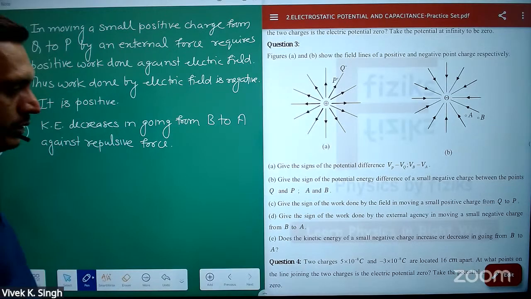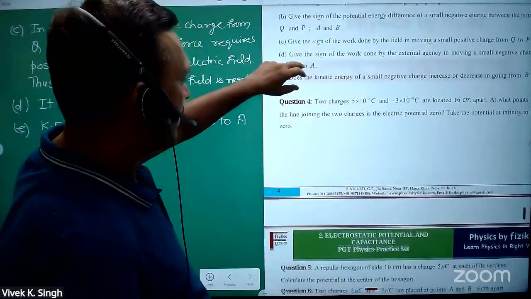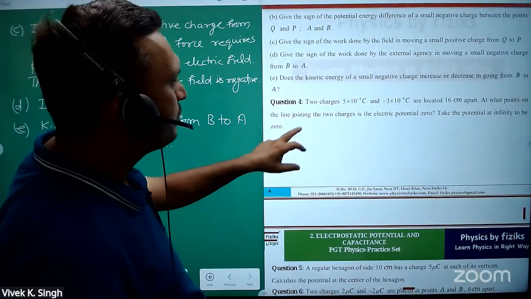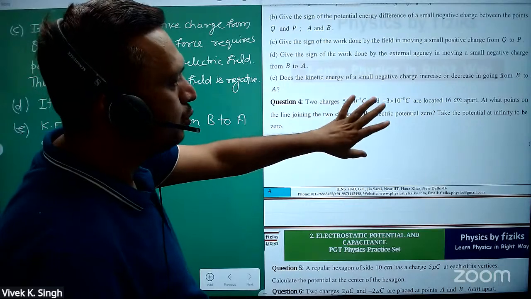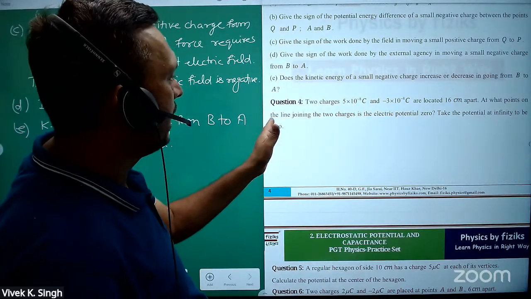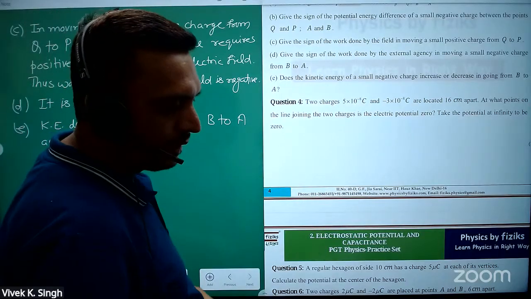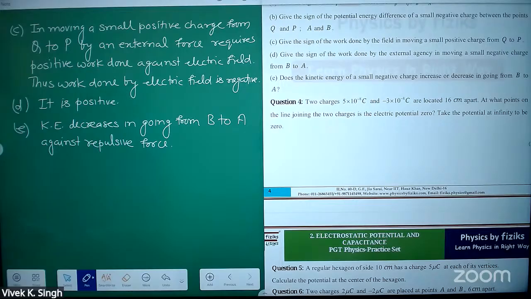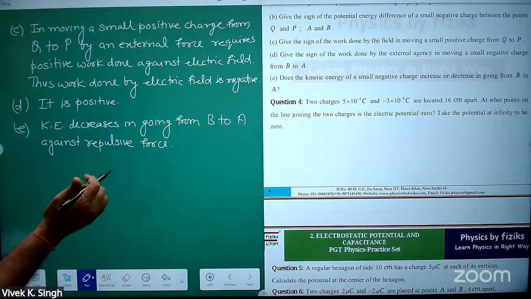Now see next question. Again you have a similar type of question. The two charges are given. Distance is 16 centimeter. At what points on the line joining the two charges is the electric potential 0? This will be question number 4.